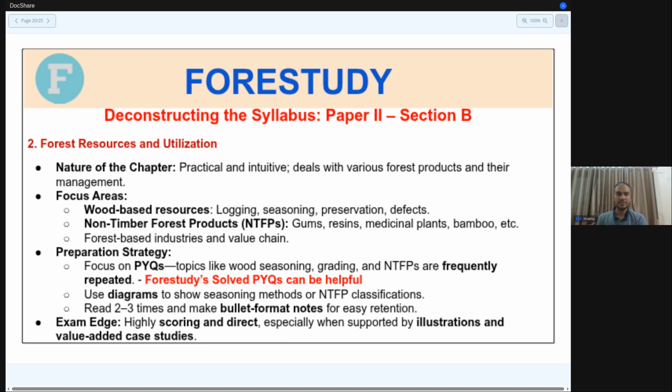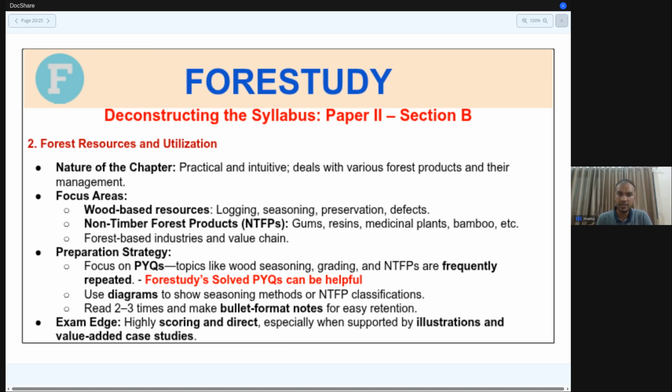Specialty wood: you might have to remember the various wood types and how they are produced, which plant produces which type of wood and what their uses are. These are generally very direct questions.